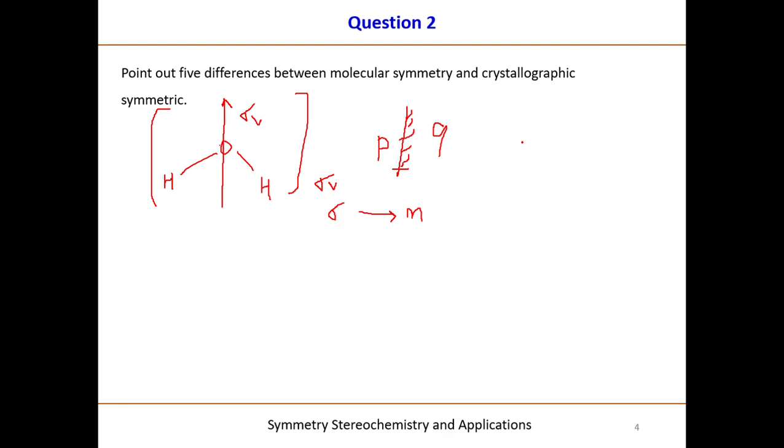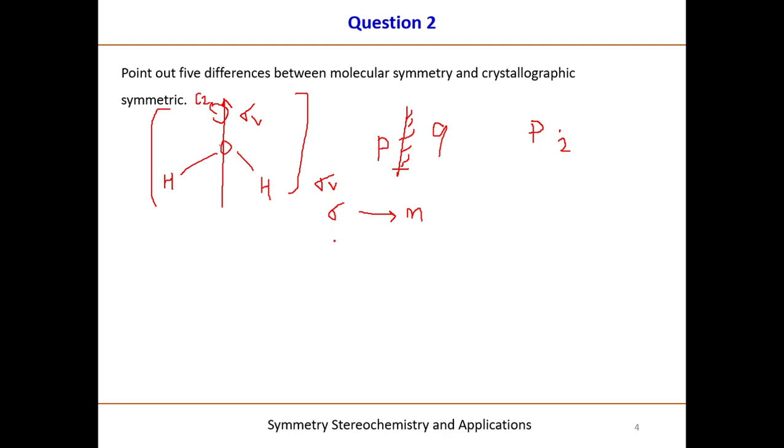The next difference is that in crystallographic symmetry, suppose we have a molecule and we are passing the two-fold axis of symmetry C2 through it, correct? We will get an indistinguishable image of the molecule.